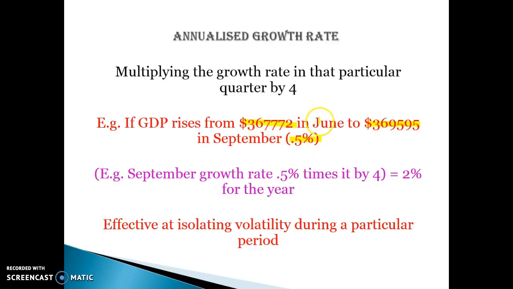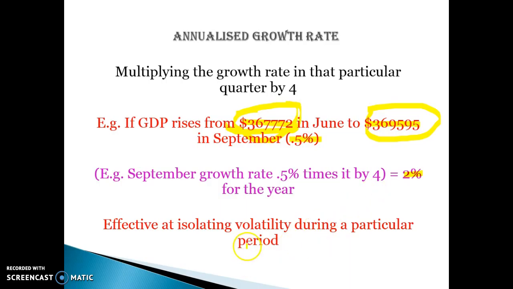So if we were to do this figure here, minus this figure here, divided by this figure here again, we would get 0.5%. To work out our annualized growth rate, we just times that by 4. So if, for example, we had 0.5% growth from the September to the June quarter, our annualized growth rate would be 2%. So we work out growth for the quarter. For example, if we were doing it for the December quarter, we'd minus what growth was in the September quarter of the same year, so 3 months earlier, and then just times that by 4.